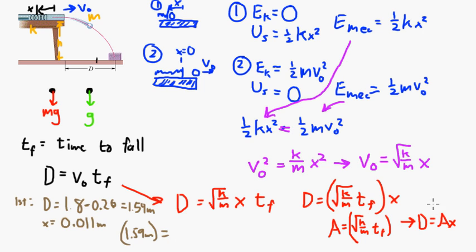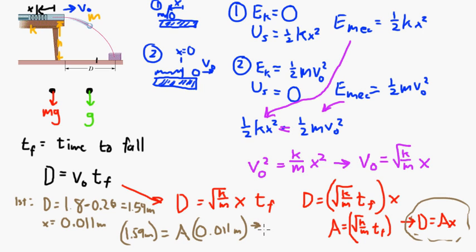So d equals ax, that's this formula here, right? I'm plugging stuff in over there. So d equals a times 0.011 meters.